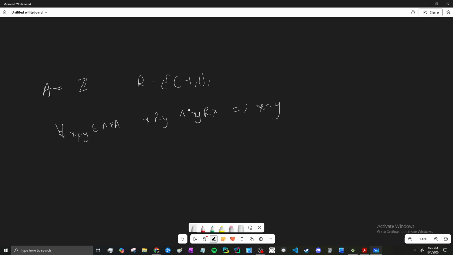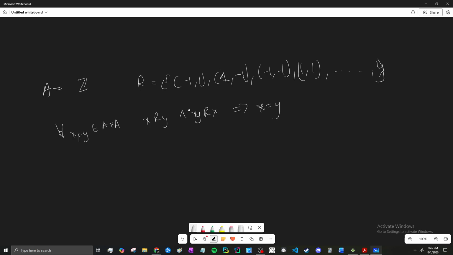It probably has negative 1 and 1, so 1 and negative 1 is in here as well. Also negative 1 and negative 1 is here, and also 1 and 1 is here. And this goes for every single number.